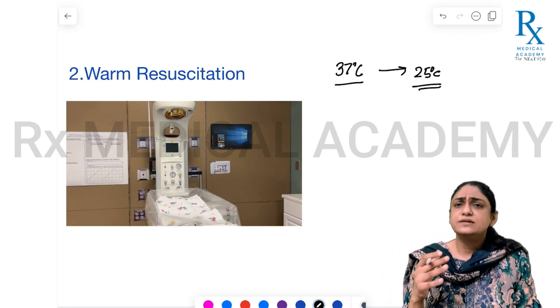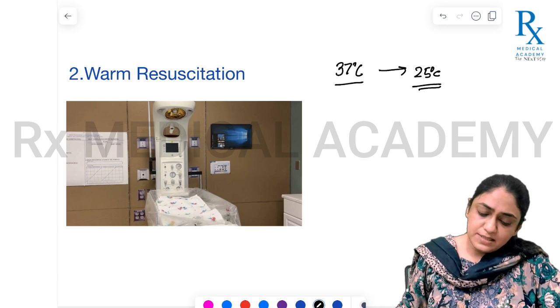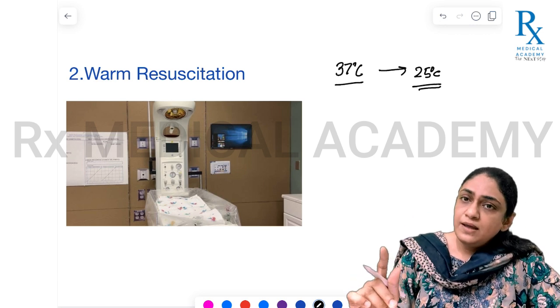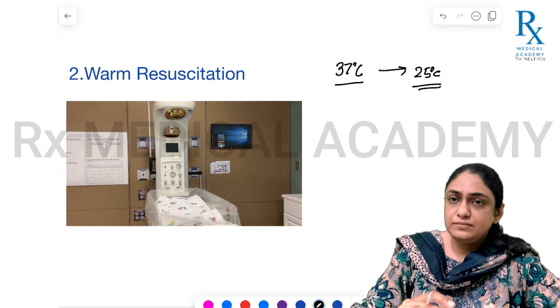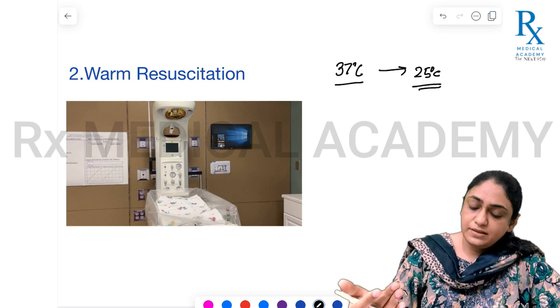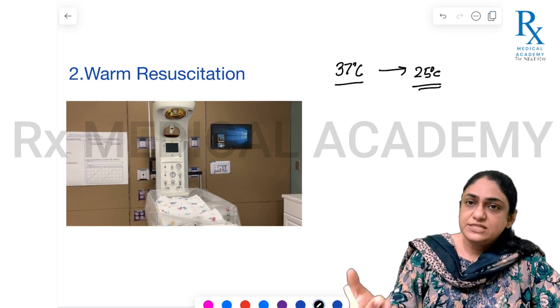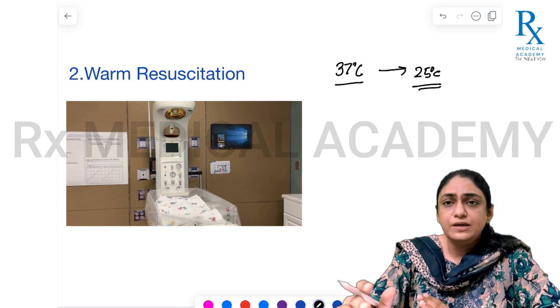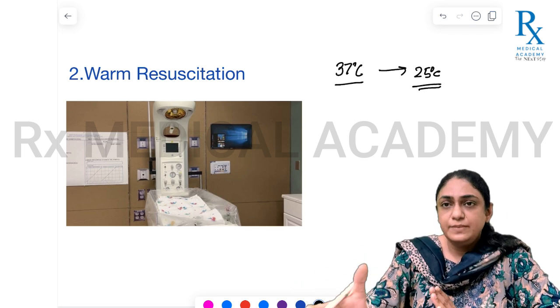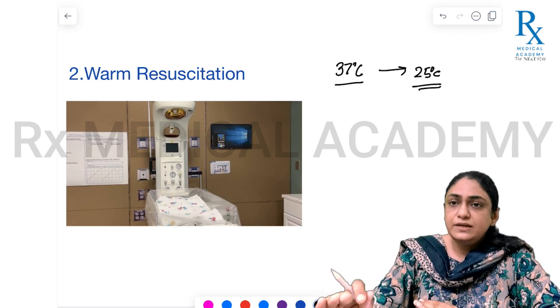So the concept of warm resuscitation is this: suppose the baby is being born in the labor room or in the operation theater, and at the time of birth the baby is crying or breathing, that is, the baby cries immediately after birth.